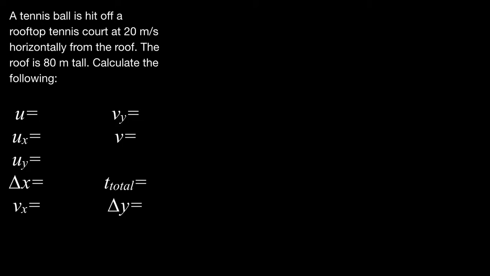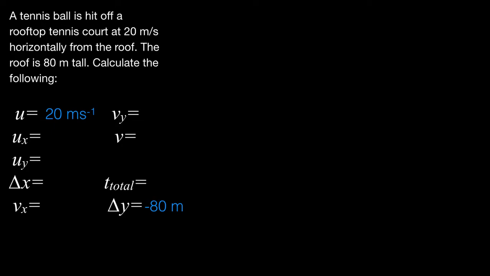Calculate the following. So we're given the initial velocity u of 20 meters per second and the height. The height is the change in y, so delta y equals minus 80. It's minus 80 because it's going downwards.